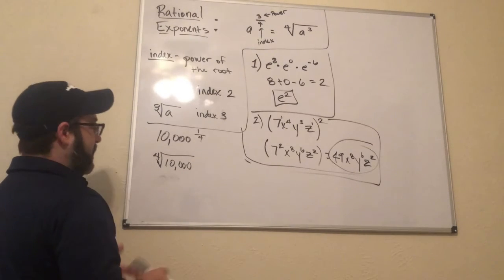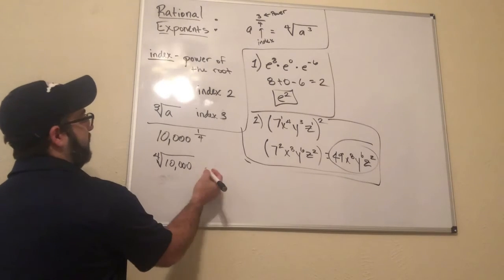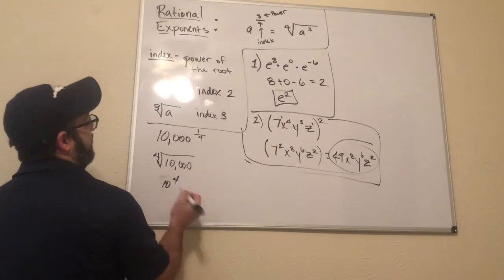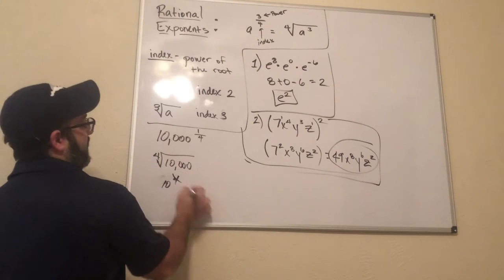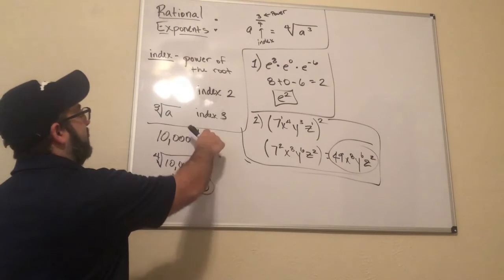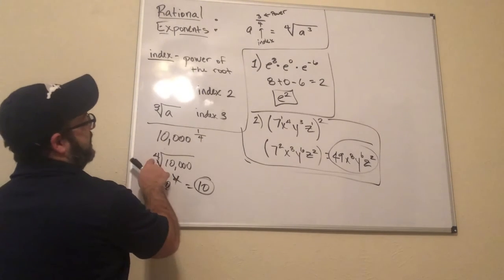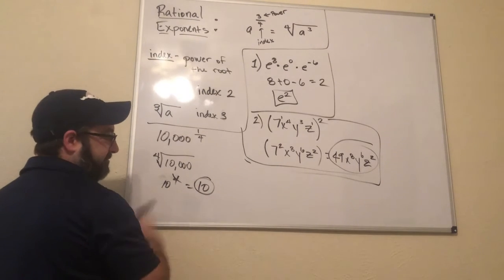But it's really not too bad, especially when it's 10,000. 10,000 is just 10 to the 4th power. And so if it's the 4th root, then this guy would cancel this guy, and so our answer would just be 10. So 10,000 to the 1/4 is the same thing as the 4th root of 10,000, which is just 10.